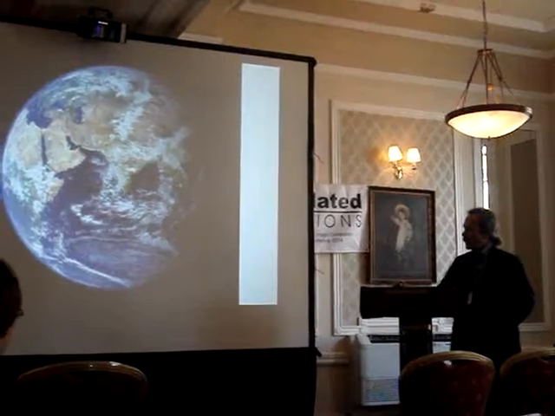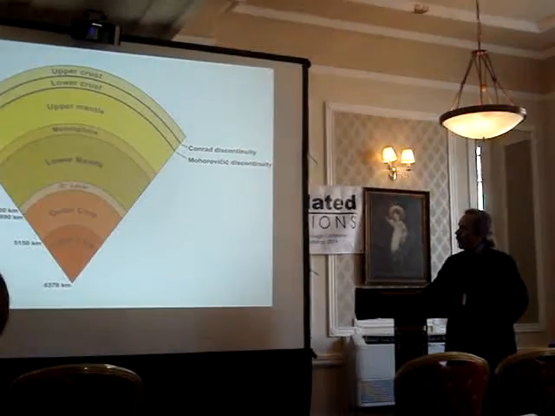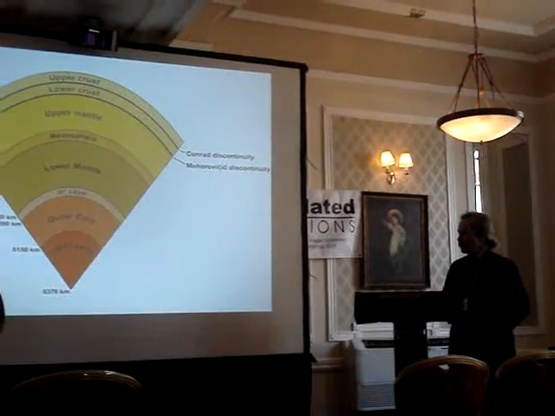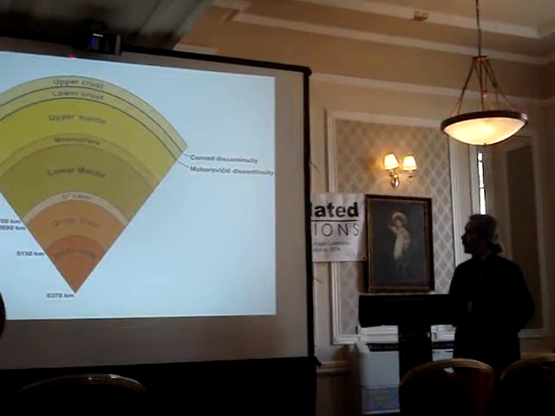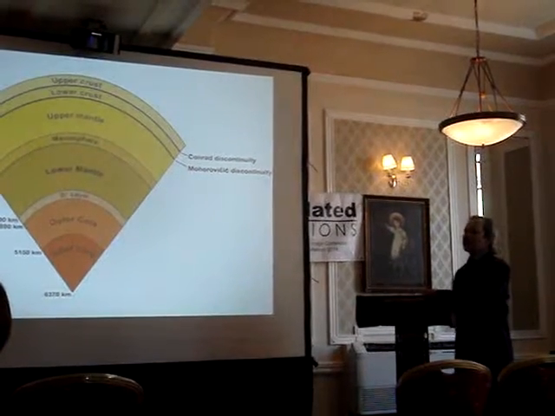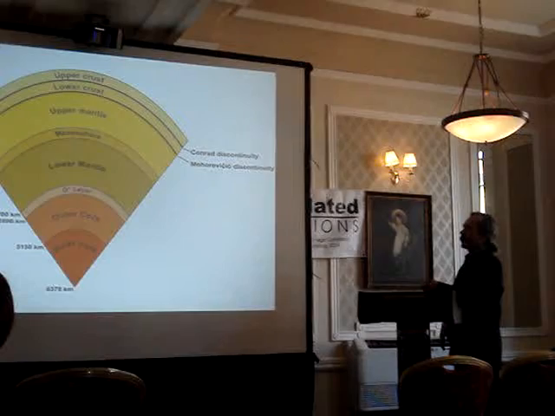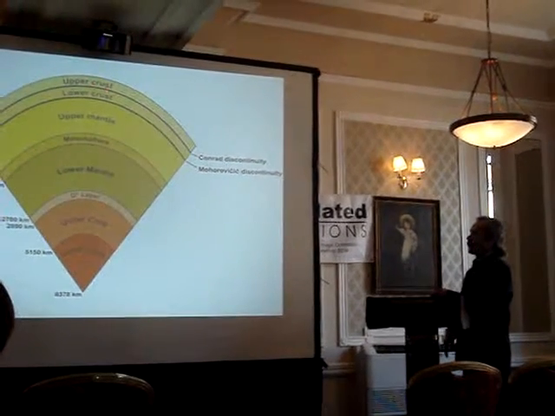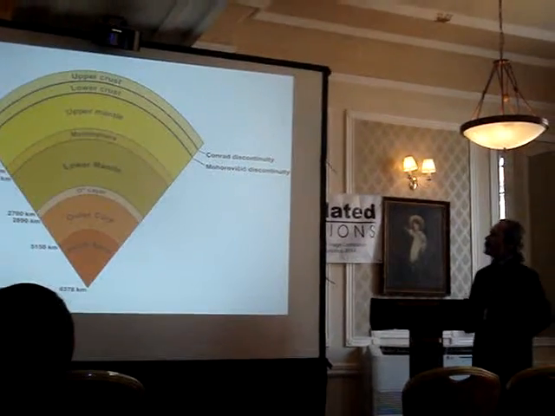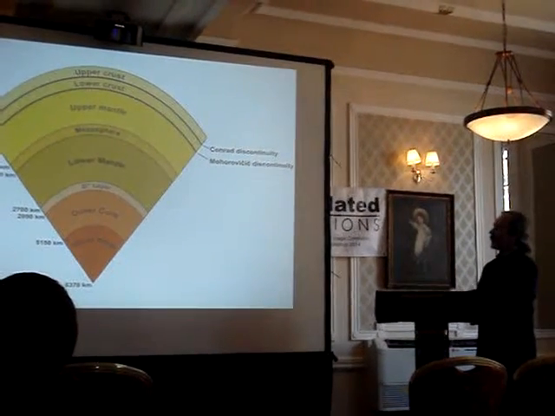So this is where we are. If you look into the interior of our planet, we have an upper crust and a lower crust. The thickness is between 5 and 60 kilometers here. The upper crust is brittle, and the lower crust is kind of ductile.